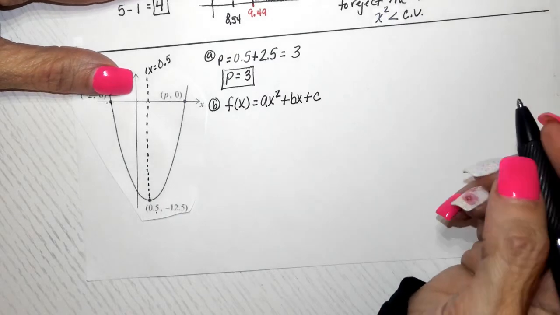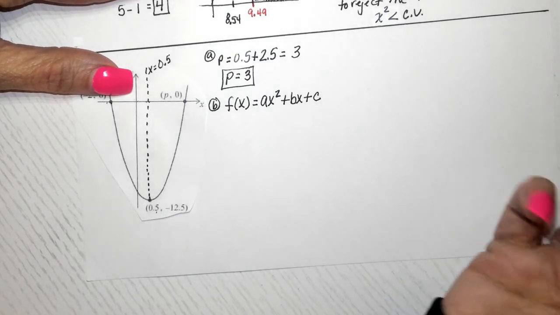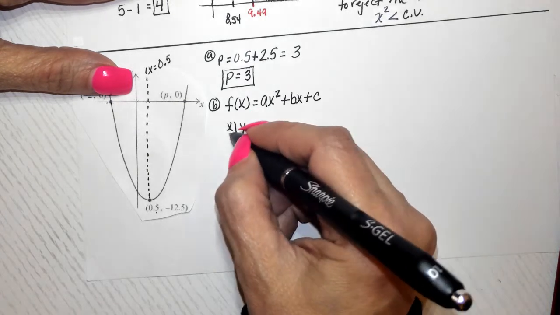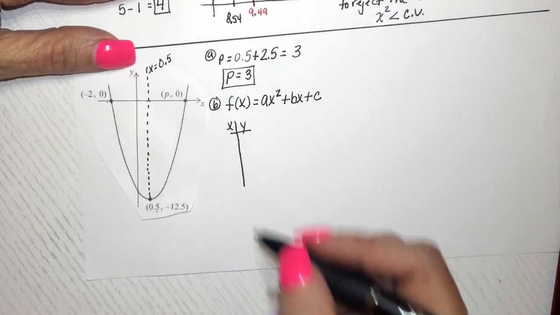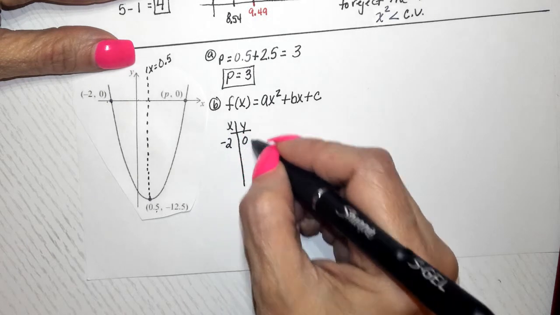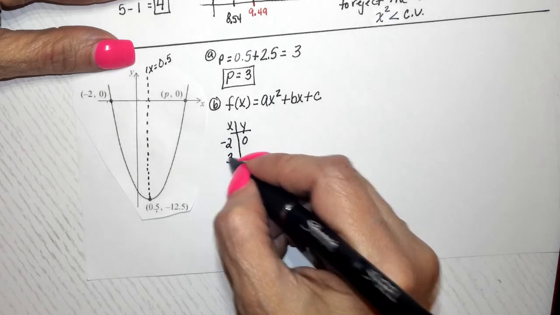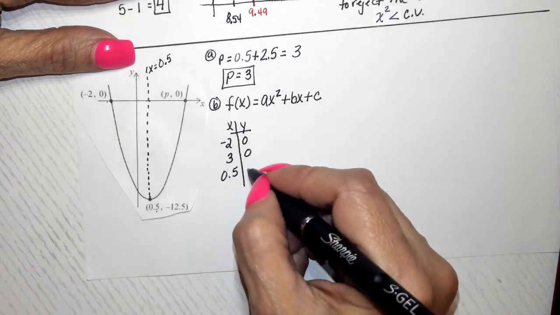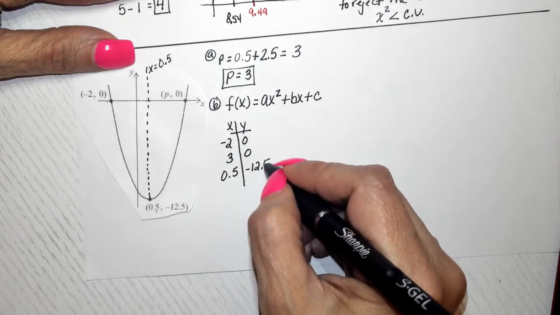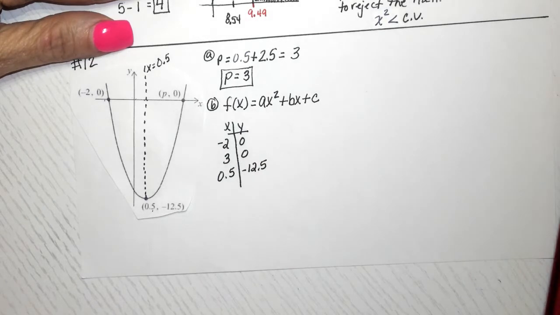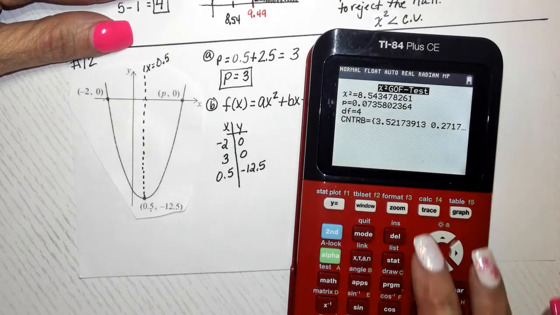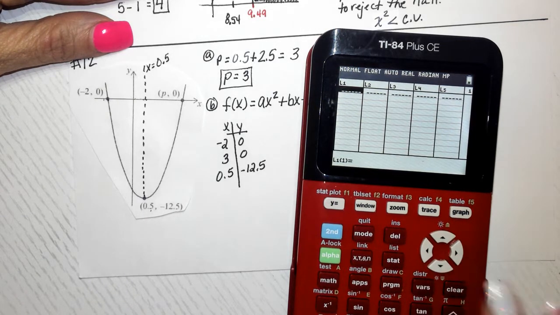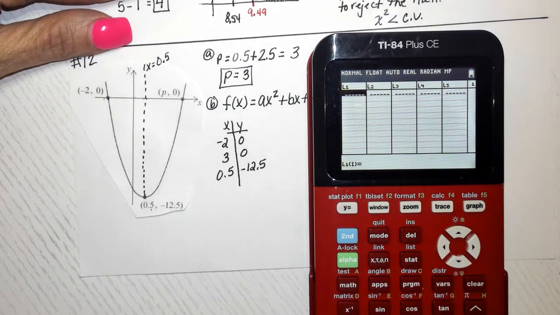Okay, so on this one, I think I would just do a regression and I would label my points. I've got -2, 0. I've got 3, 0. And I've got 0.5 and -12.5. If I've got 3 points on a quadratic, I'm going to go to Stat, Edit, and use my points right here.